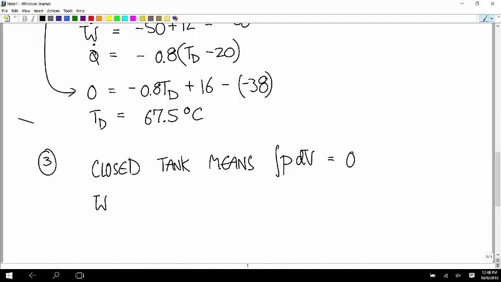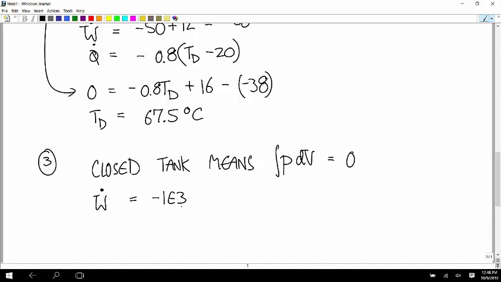So W dot, and it's W dot because it's given in kilowatts, is equal to negative 1 times 10 to the third in watts.